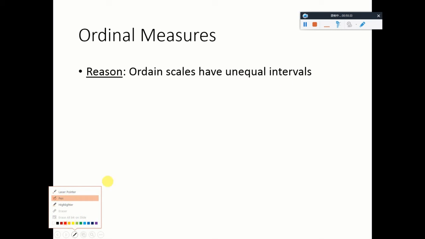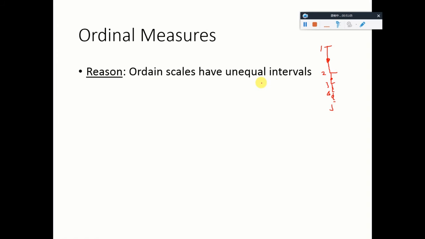So as we just drew this, that's 1 and 2, 3, 4, 5, right? So this is an interval between 1 and 2. This is a second interval between 2 and 3, a third interval between 3 and 4, a fourth interval between 4 and 5. So these 4 intervals are not equal to each other. This is wider, this is narrower, and this is even more narrow. Okay, that's what we mean.